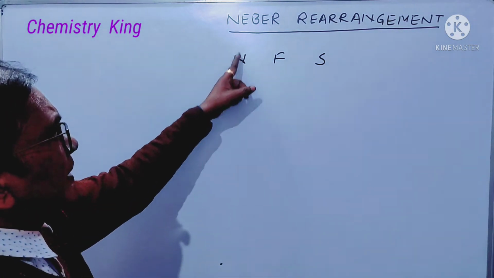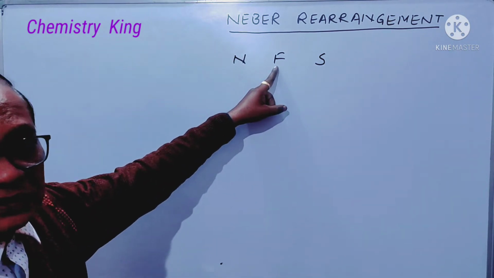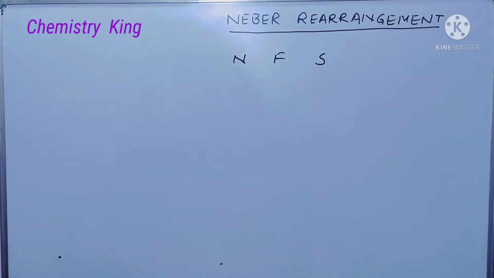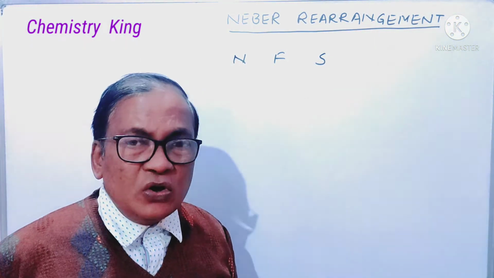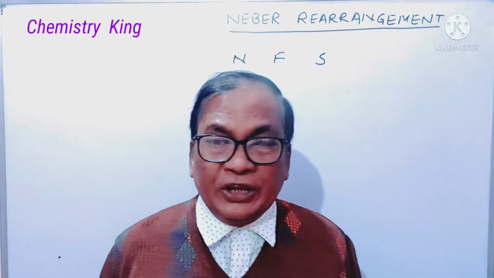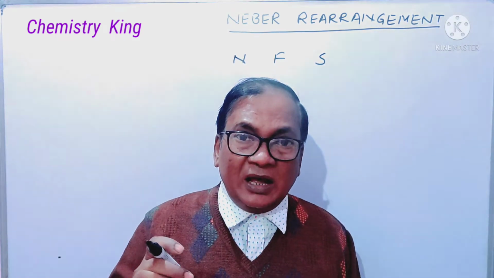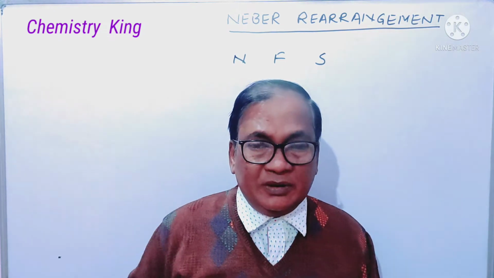It is neighbor rearrangement, Favorsky rearrangement, and Shapiro rearrangement, S stands for Shapiro. These three rearrangements involve carbanion, electron rich carbon.